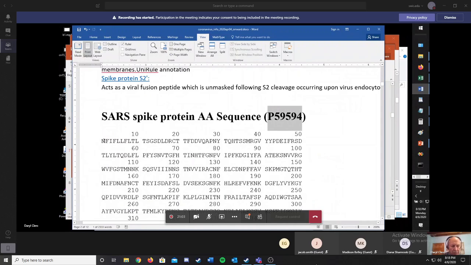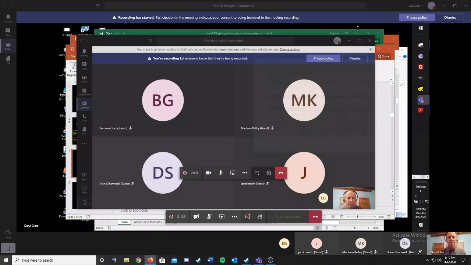This Excel project involves taking these sequences of residues, copy pasting this information into something like Word or Notepad, getting rid of all the spaces and making one long continuous chain of letters, and then pasting that into Excel. Okay, so let's look at Excel.